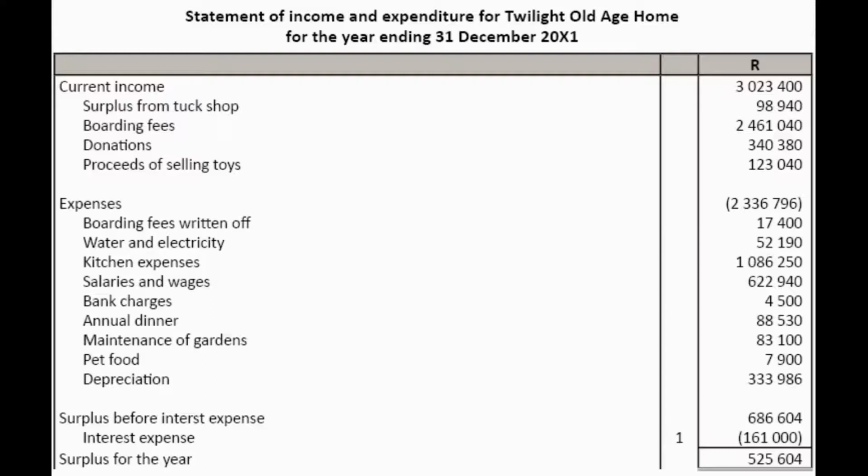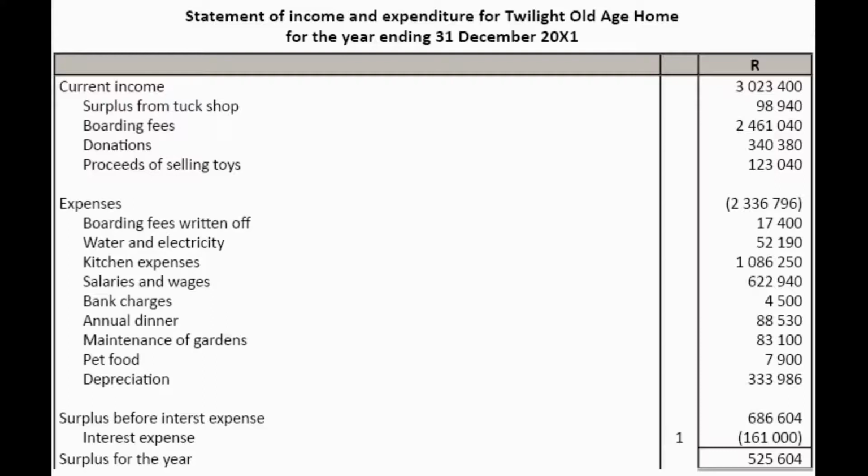So you must have a look at that T account that you've opened for yourself, and then you get the total, 88,530. And then maintenance of the gardens, 83,100. You get that straight from the trial balance. Pet food, 7,900, straight from the trial balance.